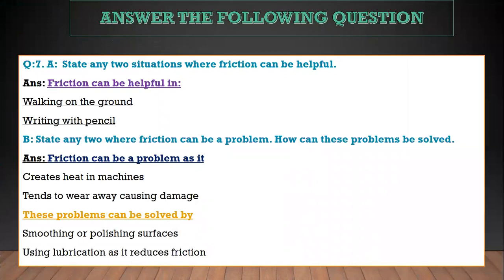Question number 7 is state any two situations where friction can be helpful. It means we will write here two advantages of friction. State any two situations where friction can be a problem. How can these problems be solved? In this, we will write two disadvantages and also give the solutions to those problems.